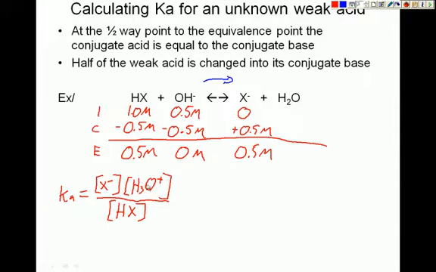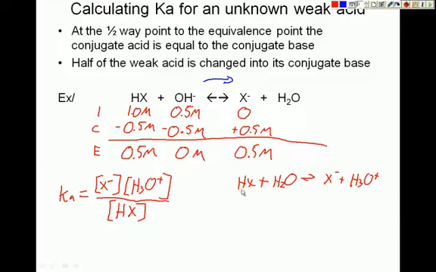So how did I derive this formula right here? Well, I derived it from just looking at half the equation. I'm just looking at the HX plus water forming an equilibrium and making X minus plus H3O plus. Now, since we're not changing the temperature, the Ka is going to be the same, even though we're adding the OH.